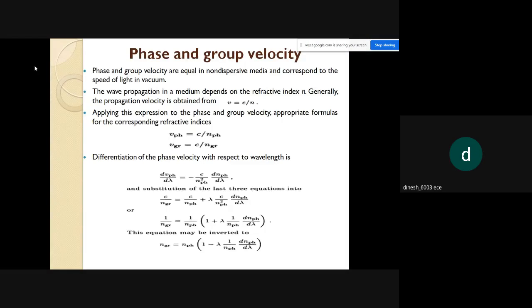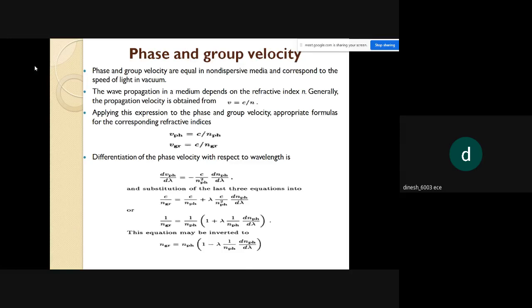The wave propagation in a medium depends on the refractive index, which is N, and generally the wave's propagation velocity is obtained from this equation, which is V is equal to C by N. C is the velocity of light. So applying this to the phase and group velocities, we get the appropriate formulas. When we want to find phase velocity, it becomes C divided by N pH. When we want to find group velocity, it becomes C divided by N gr.